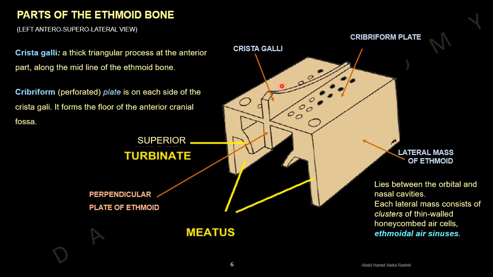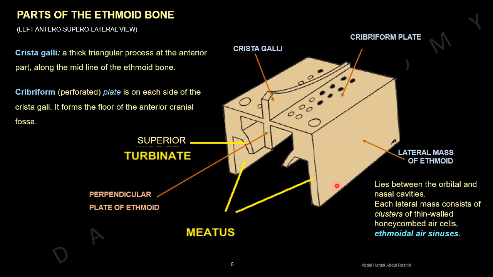On either side of the crista galli is a perforated plate called the cribriform plate. Above the cribriform plate is the anterior cranial fossa. On the cribriform plates lie the olfactory bulb, parts of the first cranial nerve, the olfactory nerve.